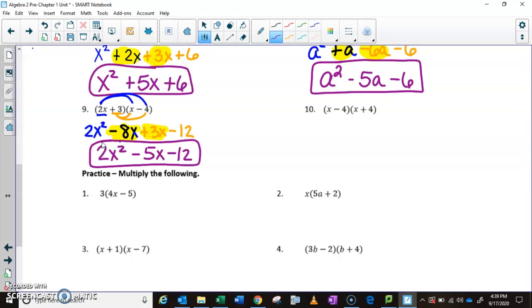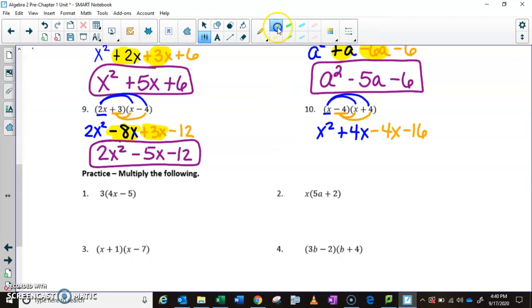And the last problem that we see, we have the quantity x minus 4 times the quantity x plus 4. So we'll start with the x. We'll distribute it with the first, x times x. The outside, x times 4. Go to the inside, negative 4 times x. And the last, negative 4 times positive 4.